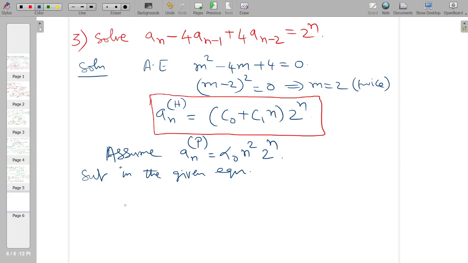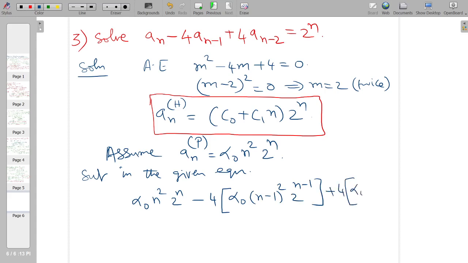That gives you alpha_0 n squared 2^n minus 4 into alpha_0 (n minus 1) the whole squared into 2^(n minus 1) plus 4 into alpha_0 (n minus 2) the whole squared 2^(n minus 2) is equal to 2^n.